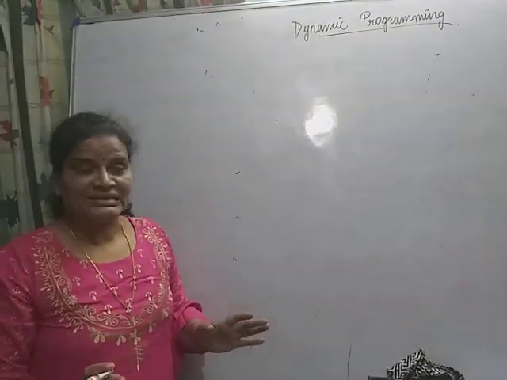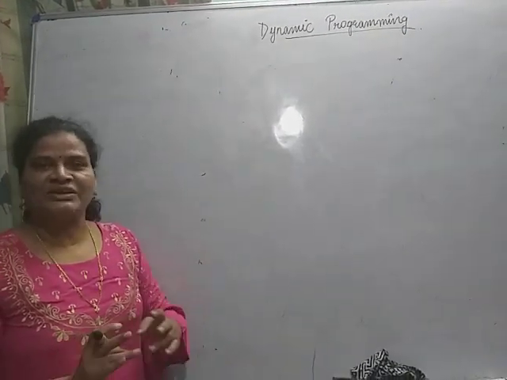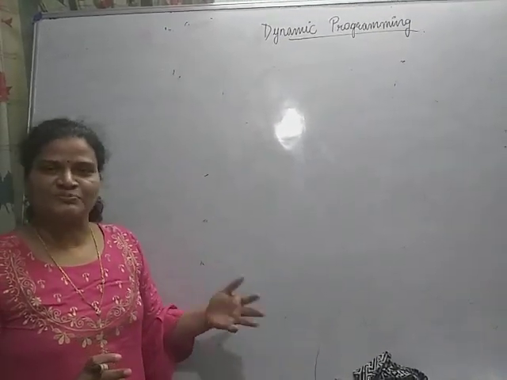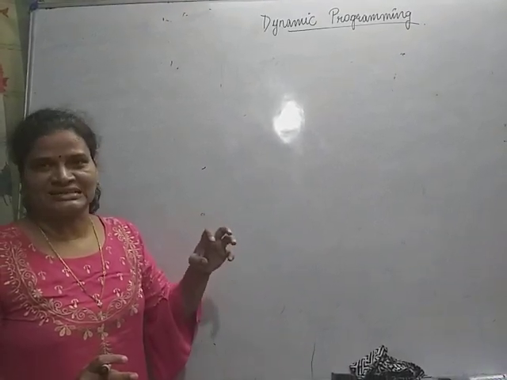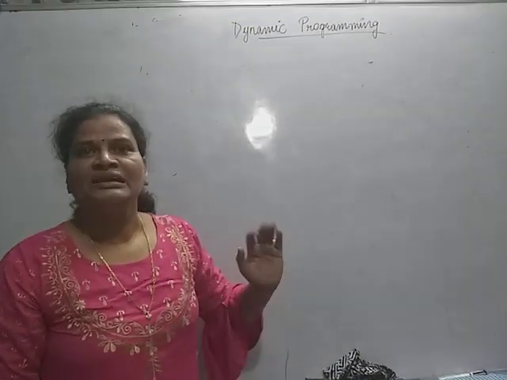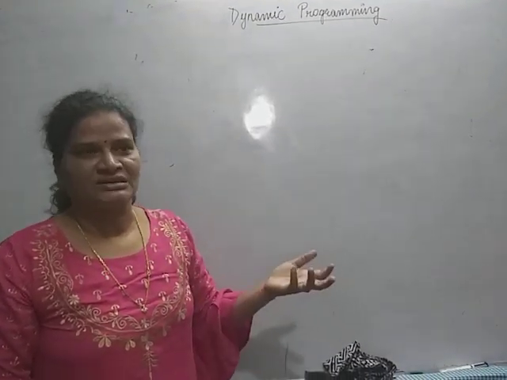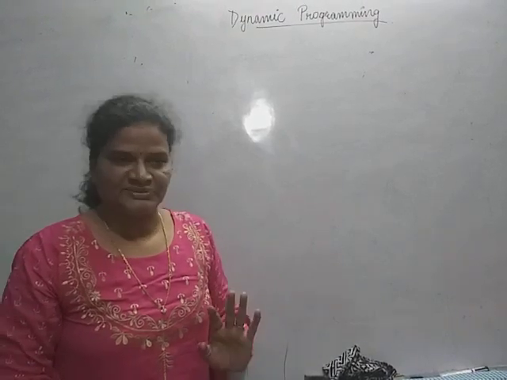Now again see, the fractional knapsack can be solved by the simple greedy technique. If we arrange the objects according to profit per unit weight and take the decision that the next object to be selected is the one with highest profit, it will lead to the optimal solution. But this is not the case when we solve the 0-1 knapsack problem.